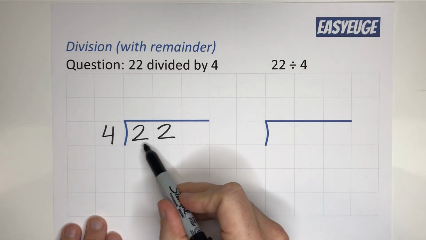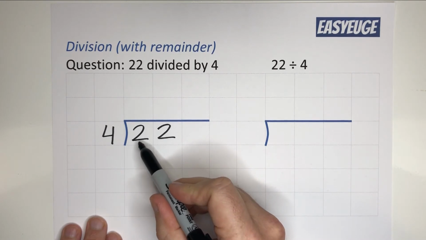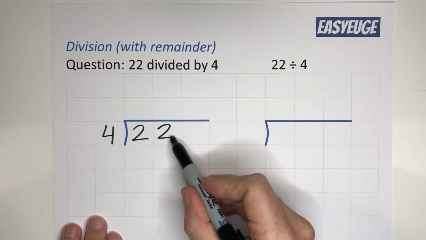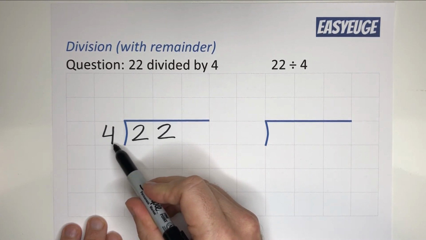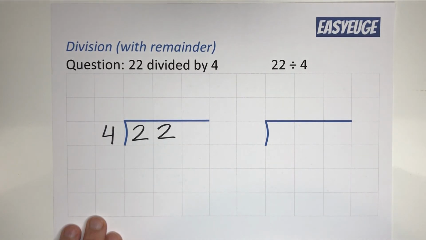Now we have to move over, so we haven't finished with this 2. So the number now is 22. How many times will 4 go into 22? Now you need to use your multiplication tables for this one.